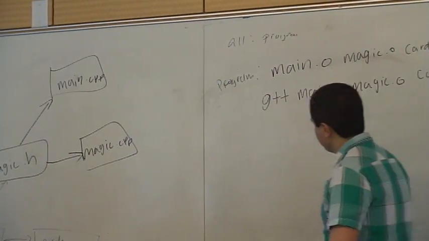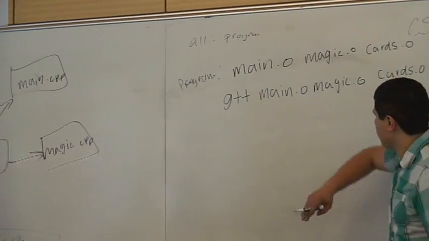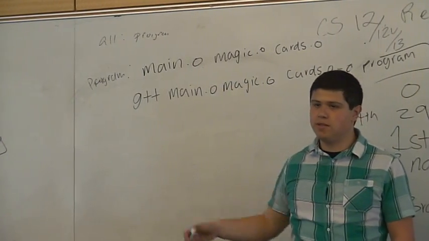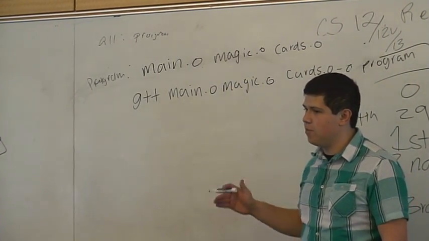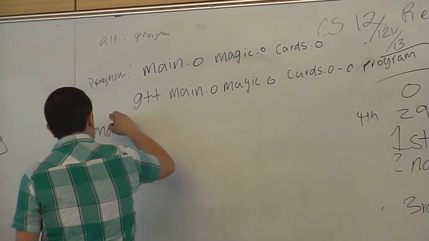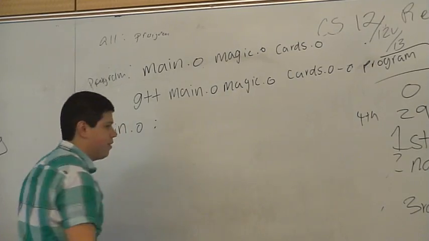And notice, we have the list of things we need to make. So we need to start off by having a rule to make each one of these. So how do we make main.o? Make it a target. So what does main.o depend on?